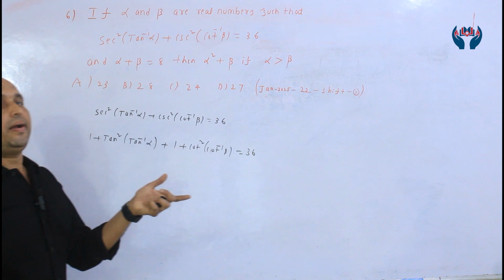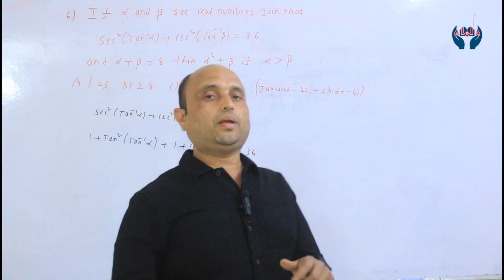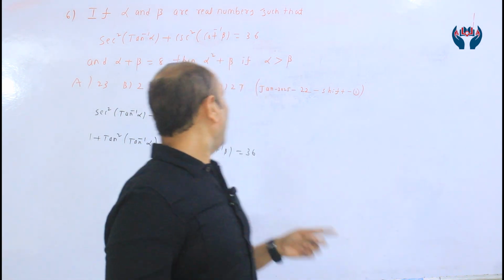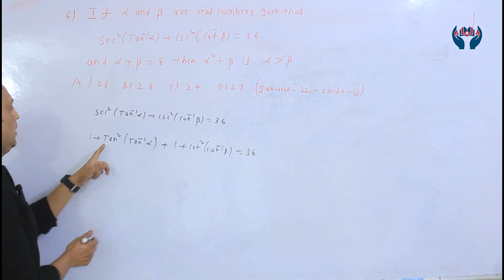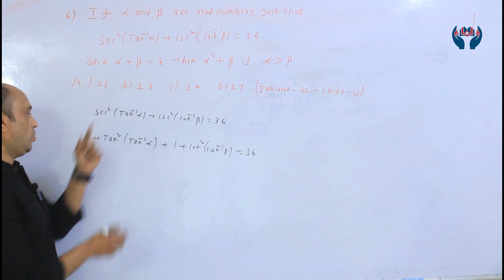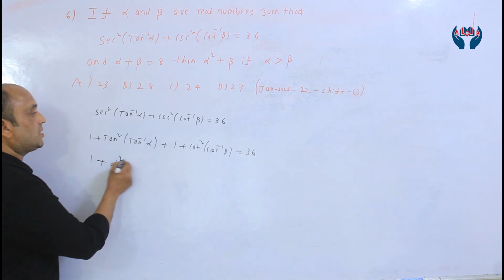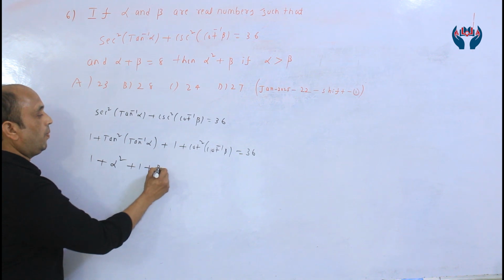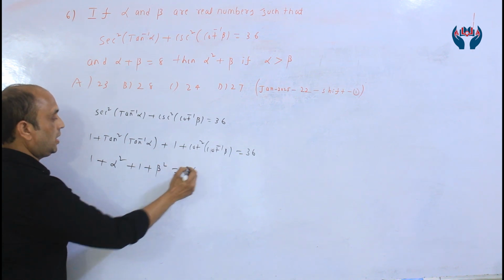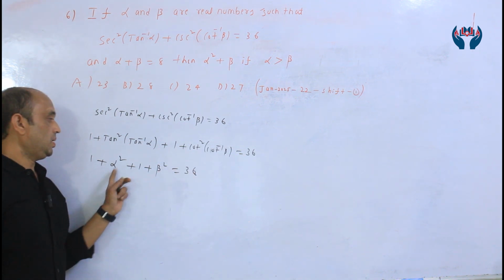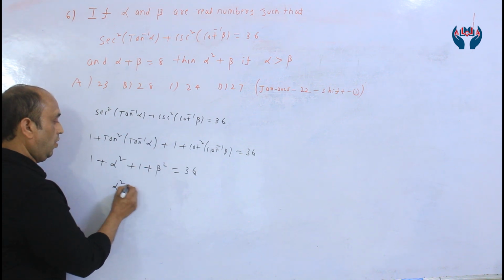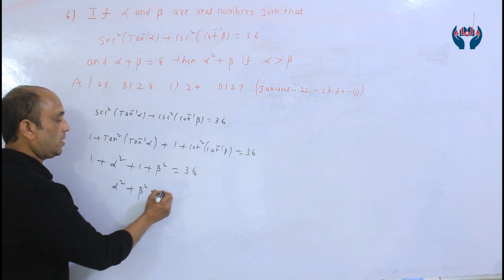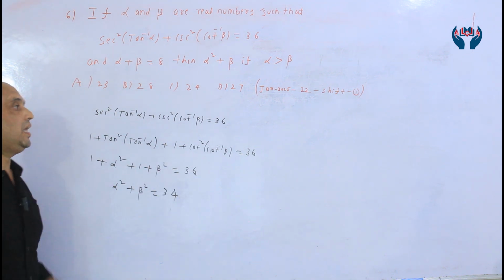So tan of tan inverse alpha whole square is alpha square, and the same for beta. So 1 plus alpha square plus 1 plus beta square equal to 36, and moving the 1 plus 1 to the other side, alpha square plus beta square is equal to 34.